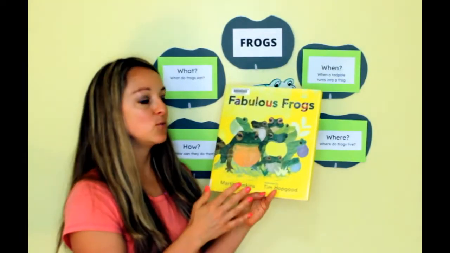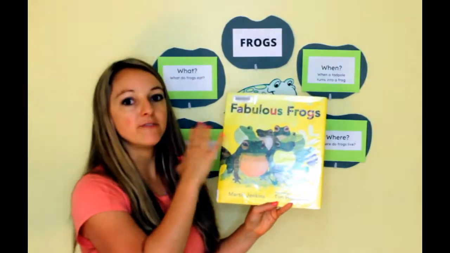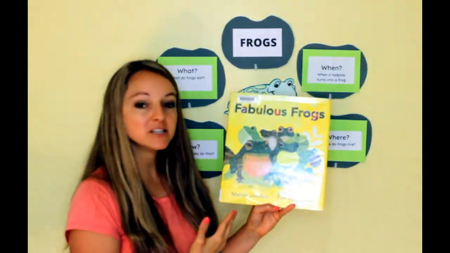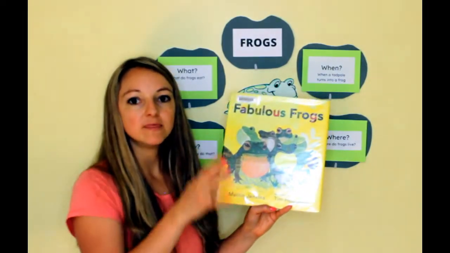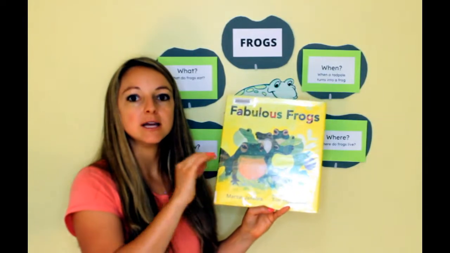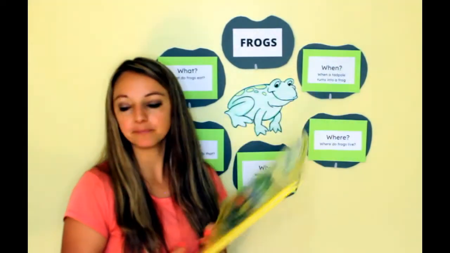This next one is one that I used in one of my games. This is called Fabulous Frogs by Martin Jenkins, illustrated by Tim Hopgood. This one is specific for different types of frogs and interesting facts about them.